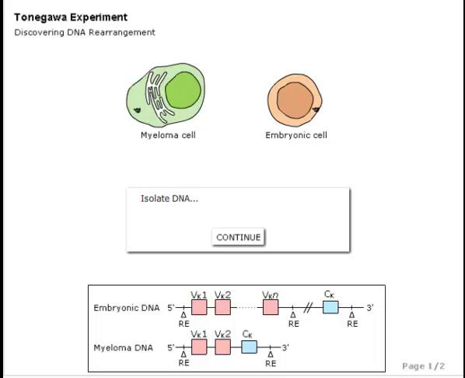So what he did in his experiment was he compared the DNA of mature B cells, so a myeloma cell is an example here, and he compared them with the embryonic stem cells from a mouse.